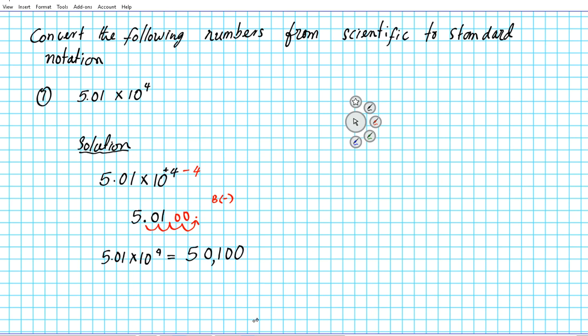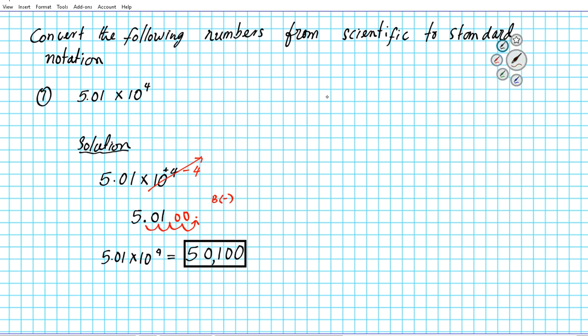That's the answer. Because when we move the decimal point 4 places to the back, or minus, the 10 to the 4th is cancelled out, gone, and you just move the decimal point to get 50,100. Okay, so that's how you do it.